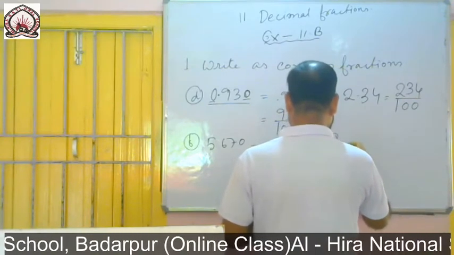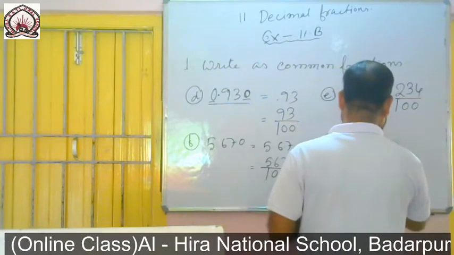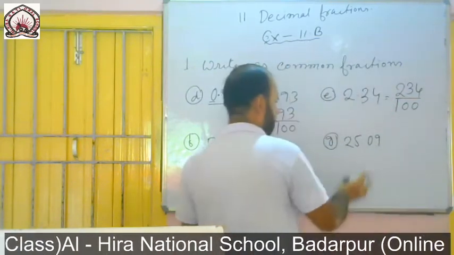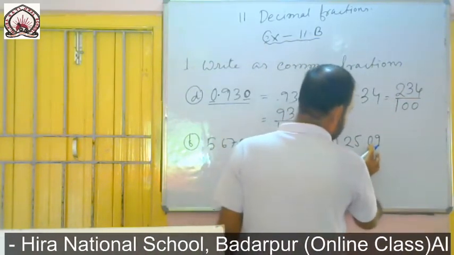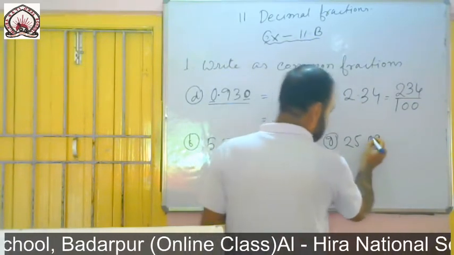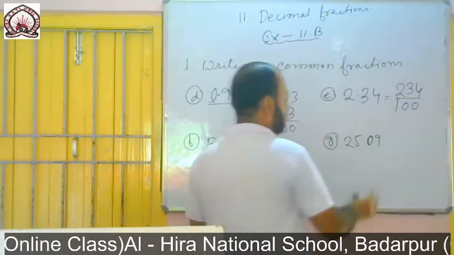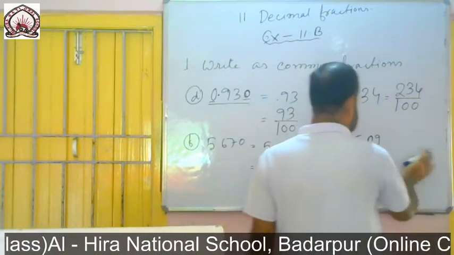Question number G, 25.09. After this 0, one digit 9 is there, so this 0 has value. We keep this one.